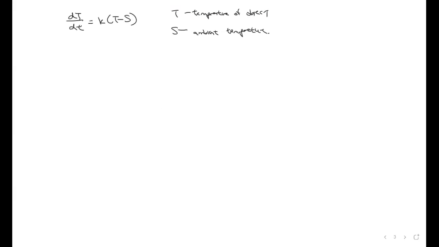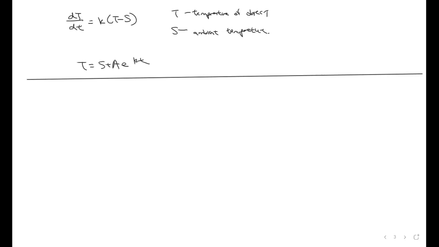And you're also told that T equals S plus A e to the kt in general. So those are your general information. But you have 2 things: you have your boiling water cooling down, and you have your ice water warming up. In both cases, your ambient temperature is 25 degrees Celsius.